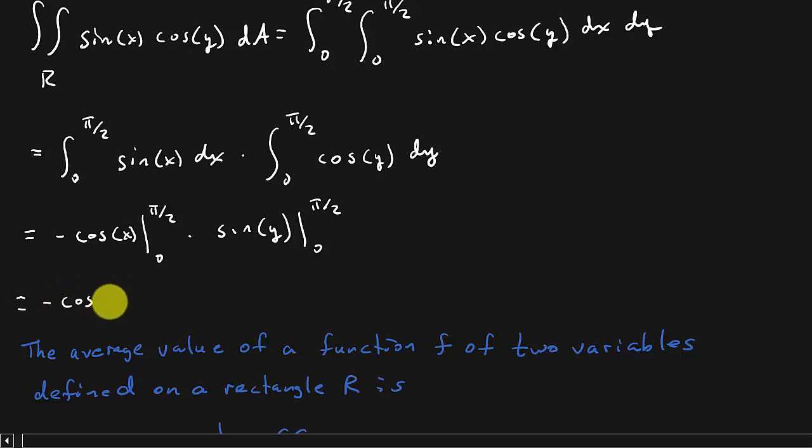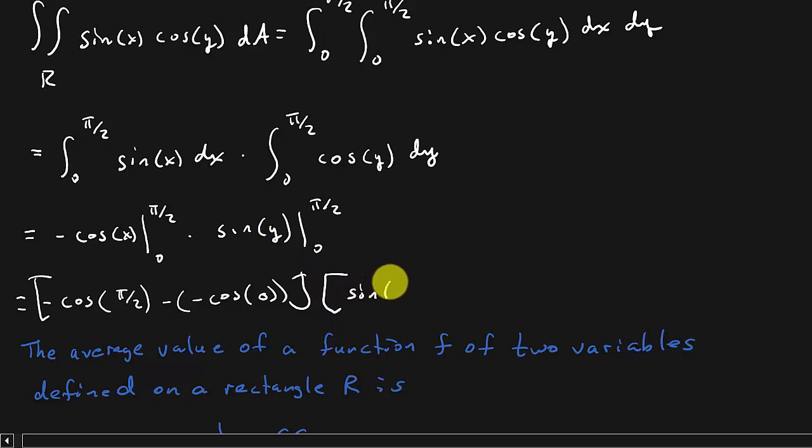And so this is going to be negative cosine pi over 2 minus negative cosine 0, times the sine of pi over 2 minus the sine of 0. This first one is 1, times this one is 1, which is 1. And there's your solution there.